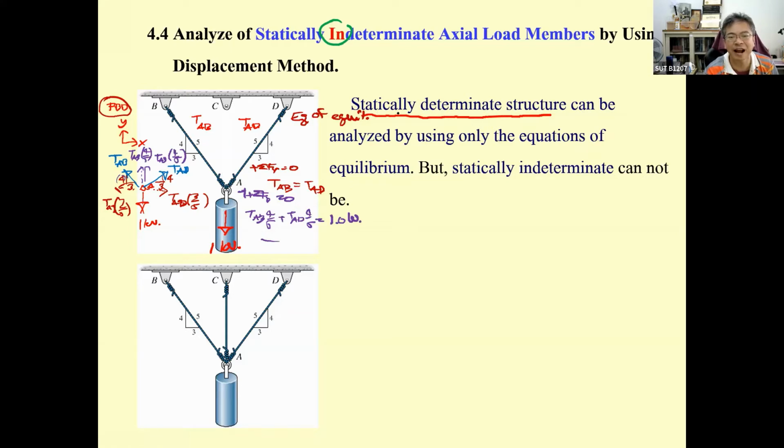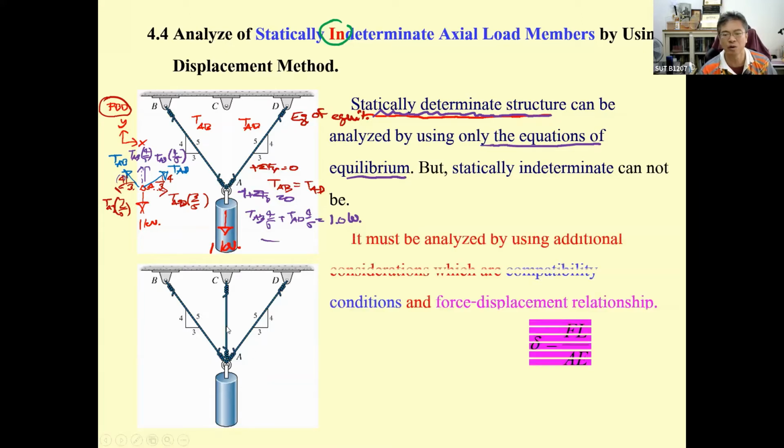This is a kind of statically determinate structure. You can analyze by using the free body diagram and the equation of equilibrium. However, for this one, you cannot do it, because from this one, you will have 3 forces in the equation.